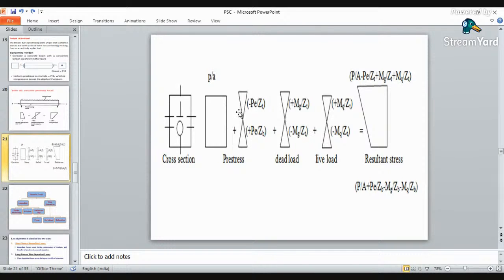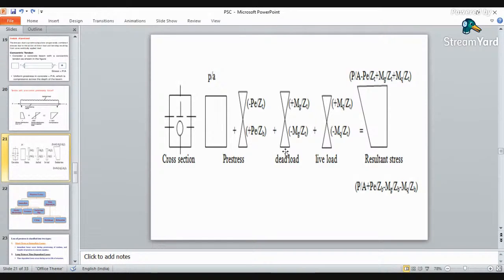Then the second stress will be because of the eccentricity of that pre-stressing force, which is termed the bending stress, because of that eccentric pre-stressing force. That will be M by Z, which is nothing but PE by Z, in tension and in compression. Bending stress will be negative on the upper side and positive on the compressive side. Then the third will be the stress because of the dead load.